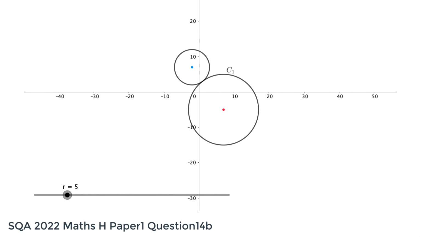Now how do we know it's 5 for that radius? Because the radius of C1 is 10, and we know already, we've calculated that the distance between the two centres is 15. So along this line joining the two centres, we have to have a distance of 15. So a radius of 5 plus the radius of 10 gives me that 15 distance.